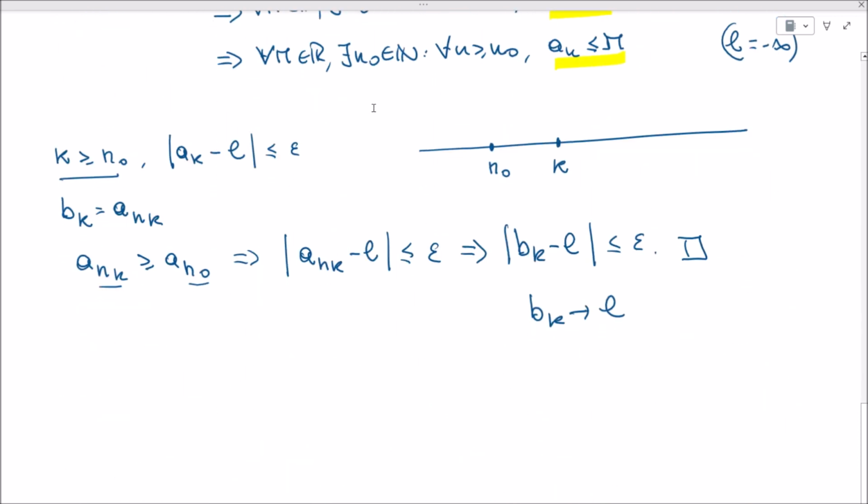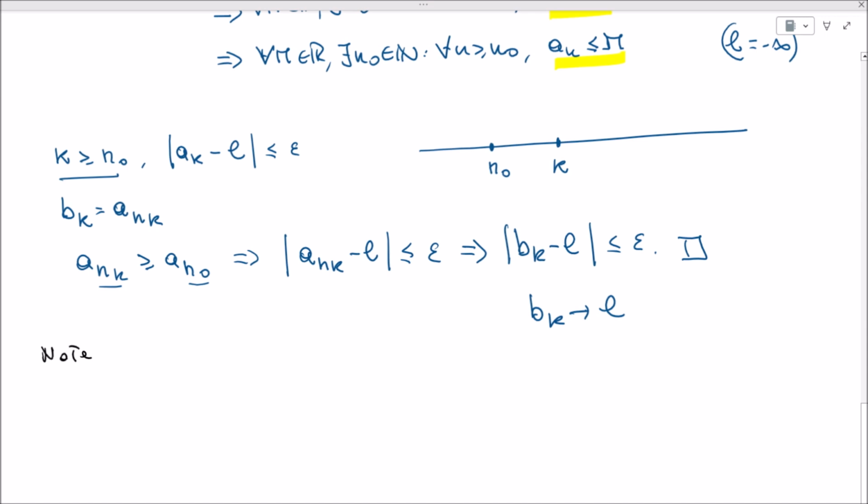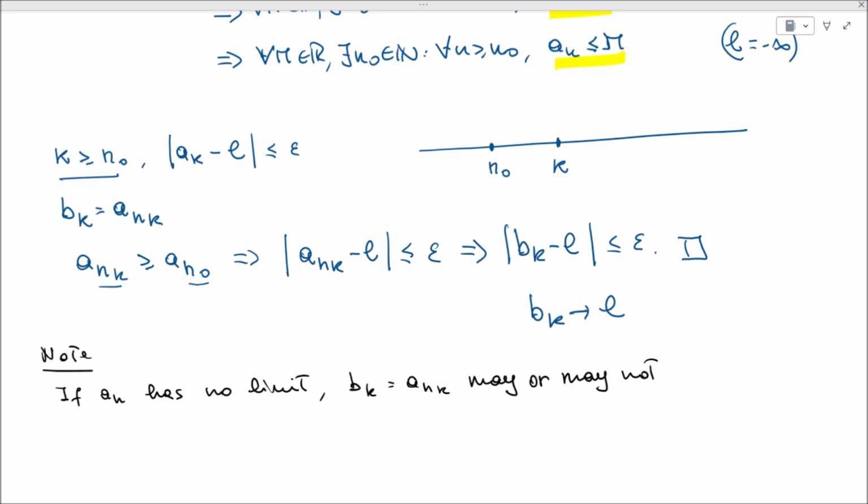But if an does not have a limit, it is possible that the subsequences have totally different behavior. So let's make a note. If an has no limit, bk equal to a_nk, which is any subsequence, may or may not have a limit.